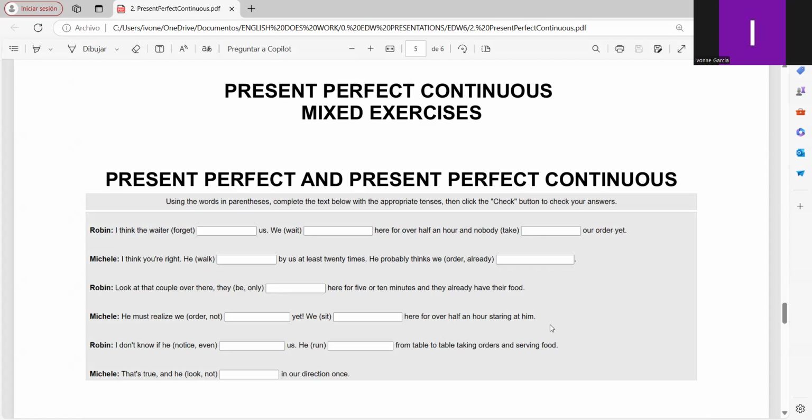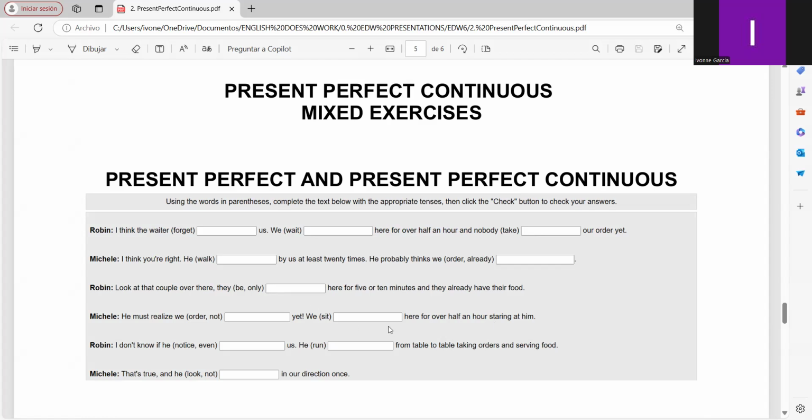Okay. He must realize we haven't ordered yet. Present perfect. We have been sitting here for over half an hour, staring at him.